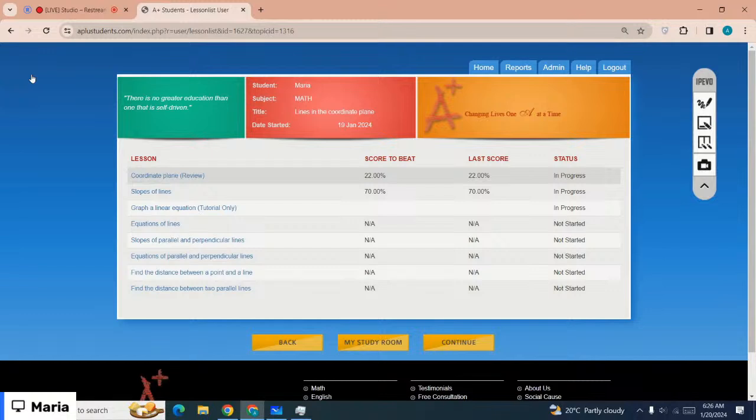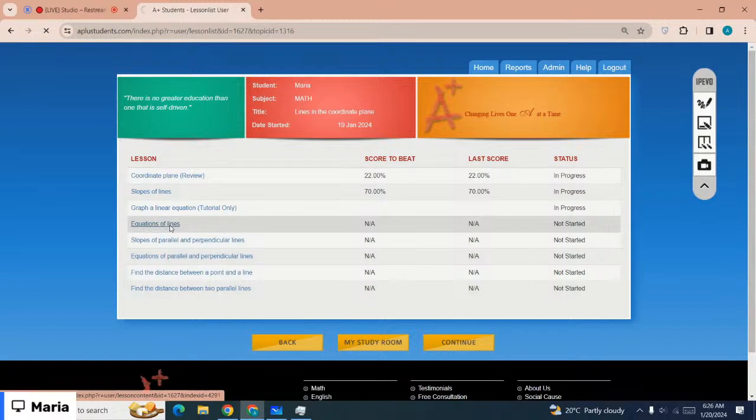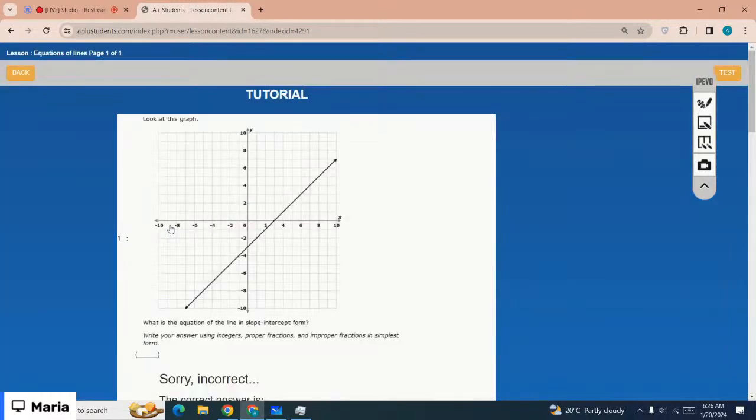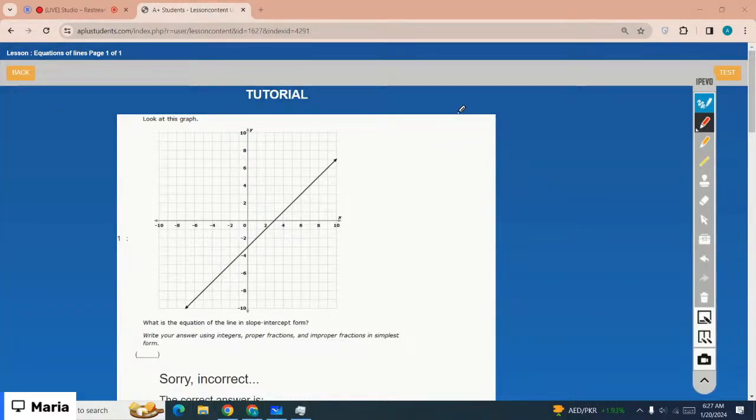The next lesson is equations of lines. Let's just start with the next lesson, that is equations of line. Okay, look at this graph. What is the equation of the line in slope intercept form? First we are going to see what the slope intercept form is. The slope intercept form is y equals mx plus b, right? That means from this graph you have to find two things, m and b.